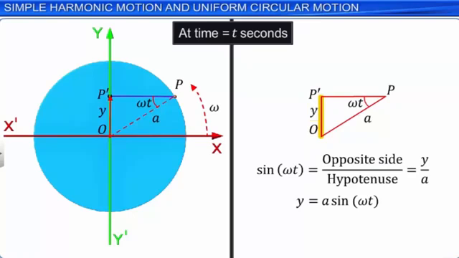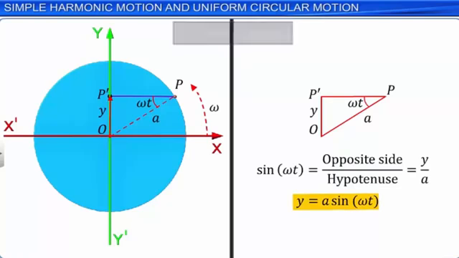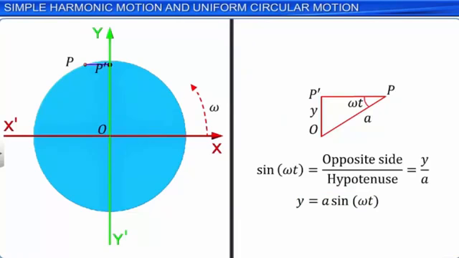Thus, we get y is equal to A sine omega t. The motion of the projection is oscillatory, and its displacement varies sinusoidally with time. Thus, the motion of P' is simple harmonic motion.